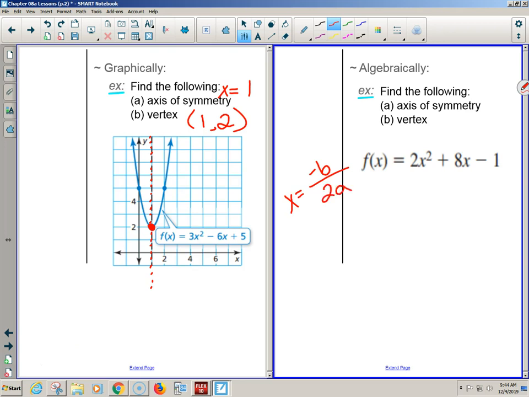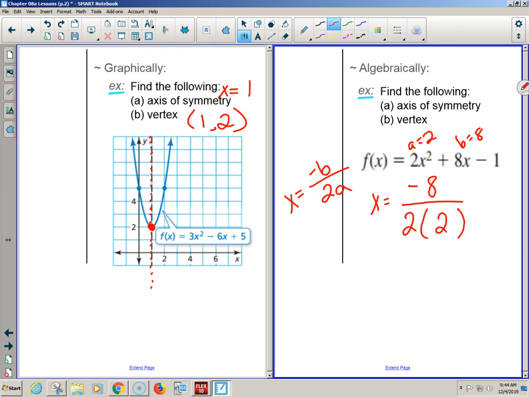So who in this one is my A? Leading dude, 2. Who's my B? The middle new guy, right? Okay. So x equals negative b, 8, all over 2 times 2. Pause.